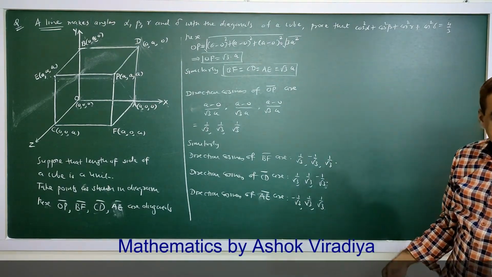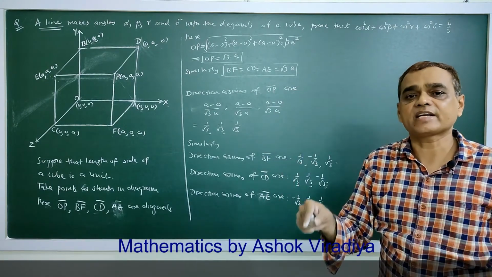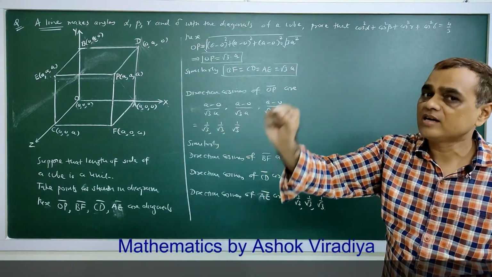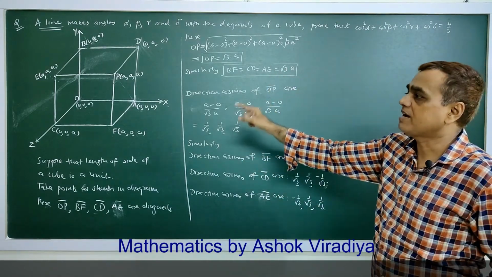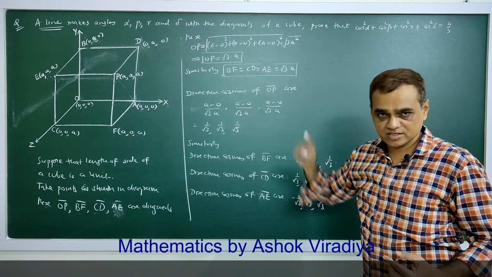It is in space. It can be intersecting, it cannot be intersecting. Somewhere in space there is a line L which is making angles alpha, beta, gamma, delta with these diagonals.